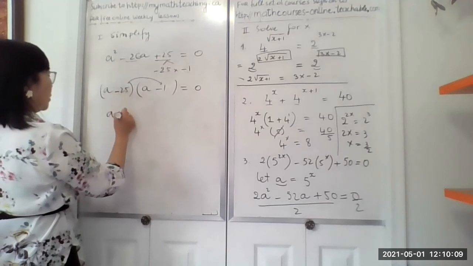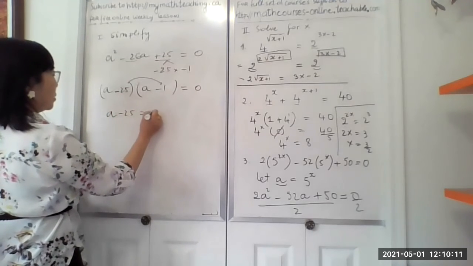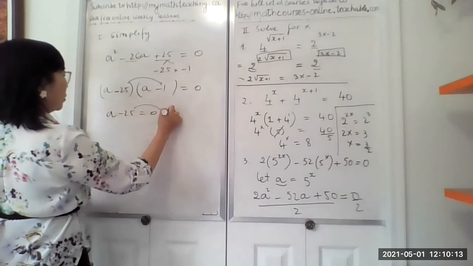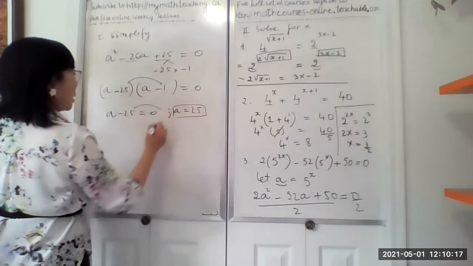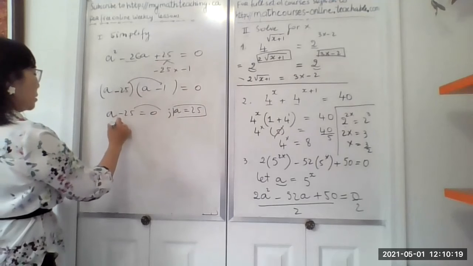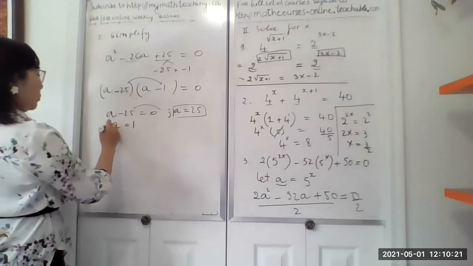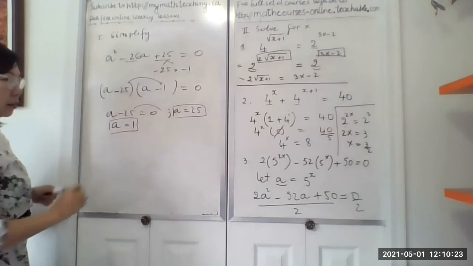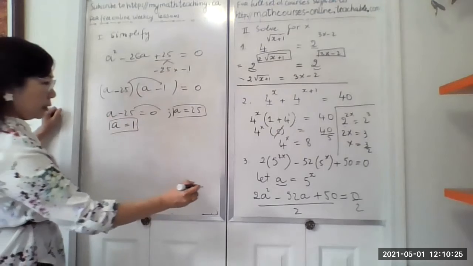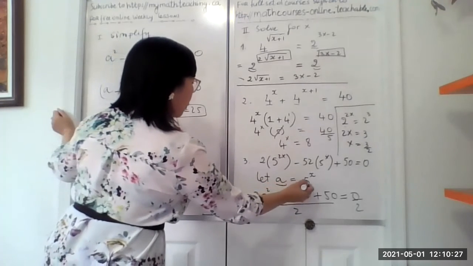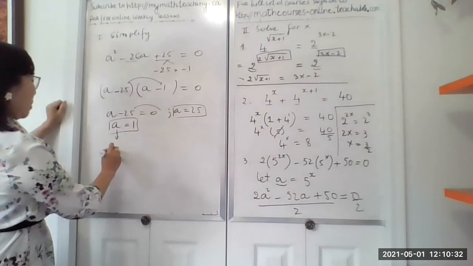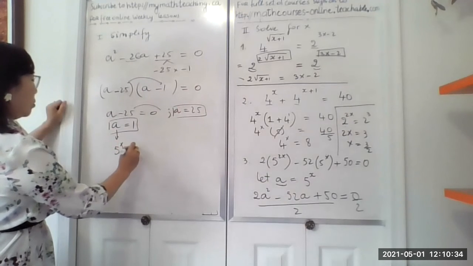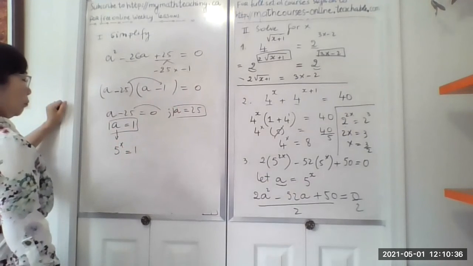So the first bracket will be equal to 0, move it over. A equals 25. That's the first answer. The second answer, A equals 1. Now let's look back again. I have A equals 5 to the power x. So I'm going to substitute this A by 5 to the power x equals 1.